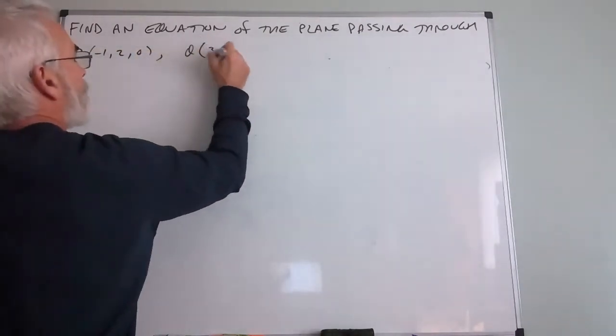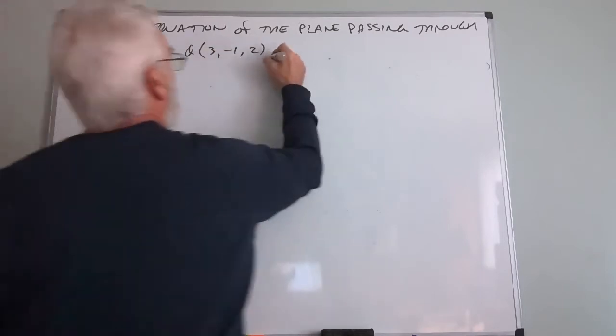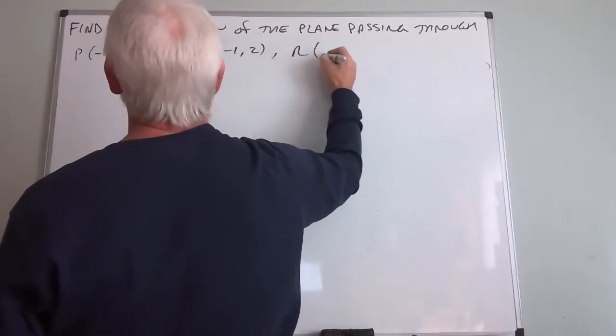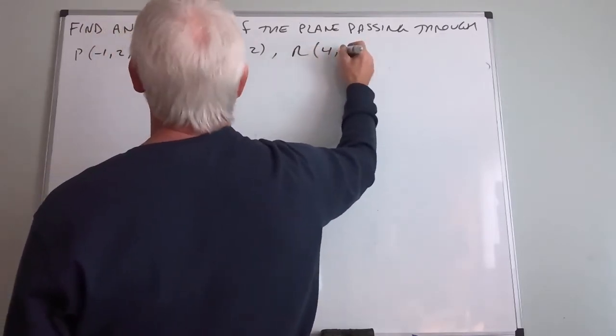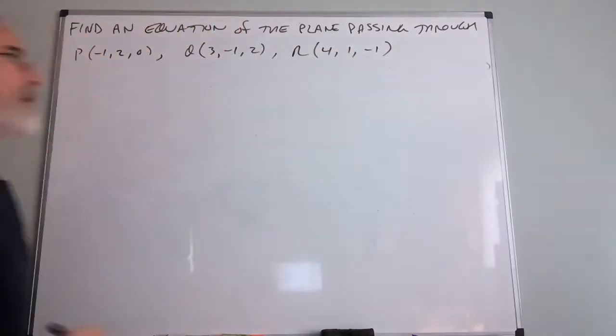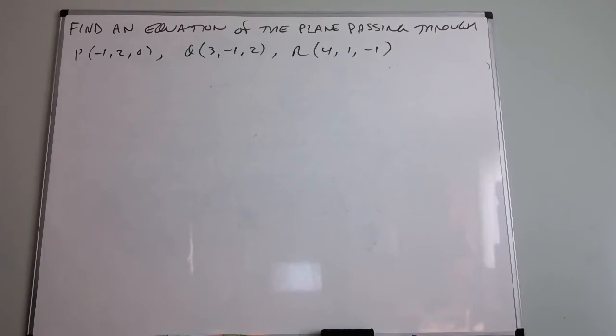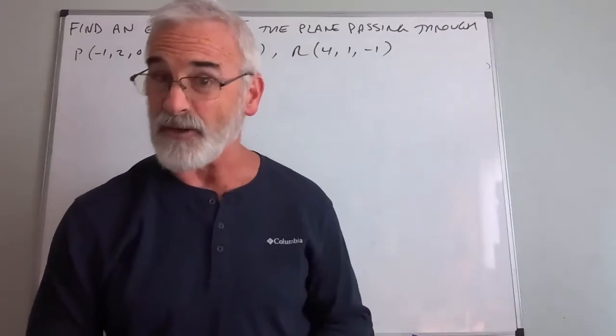Q is 3, -1, 2, and R is, I don't know, how about 4, 1, -1. I want to keep the numbers relatively small. Here's 3 points in space that are not all on the same line. There can only be one plane that passes through all 3 of them. I want to find an equation.